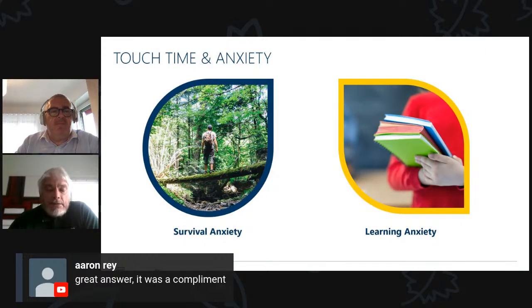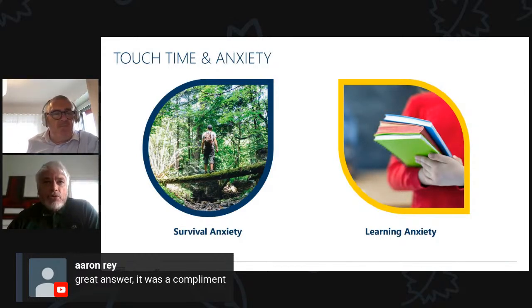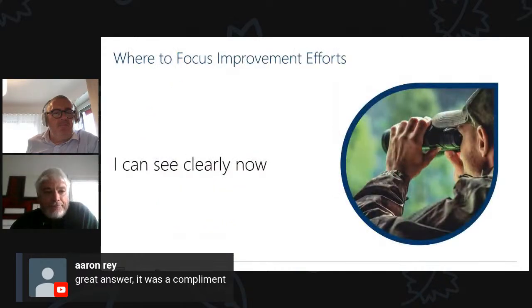So it creates anxiety and passive aggressive resistance. You'll never see when a knowledge worker puts the brakes on. One person once told me that as a programmer, he had come up with 25 ways not to get his work done. That's a knowledge worker. When people resist on the manufacturing floor, you can tell because the inventory is piling up. Now, where do we focus improvement efforts?